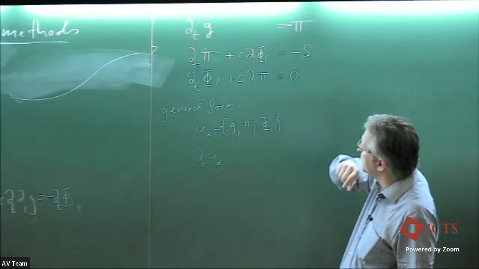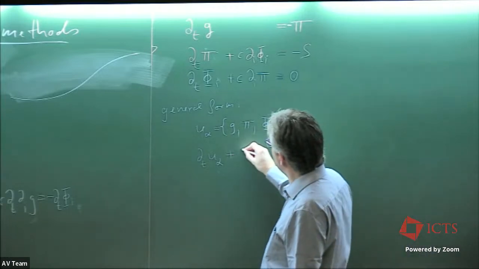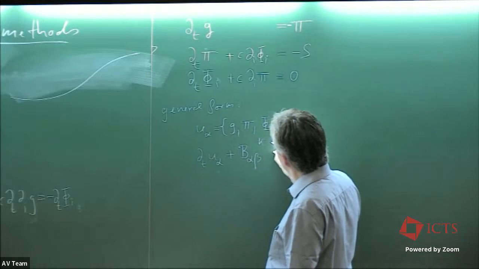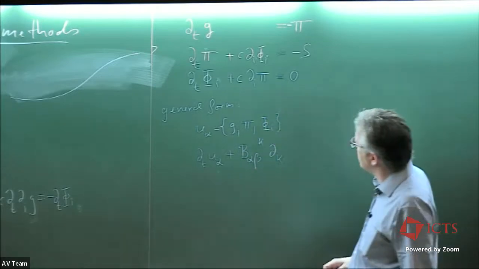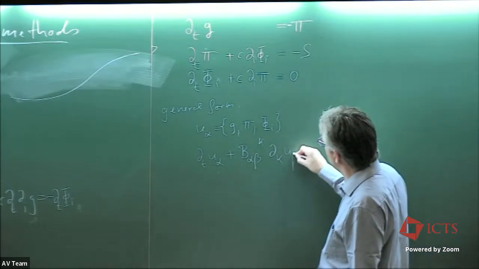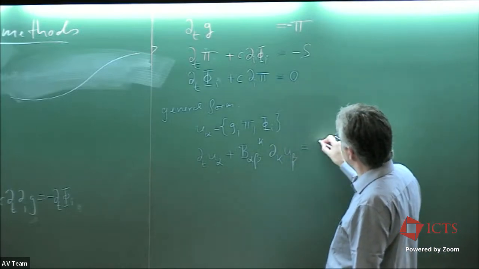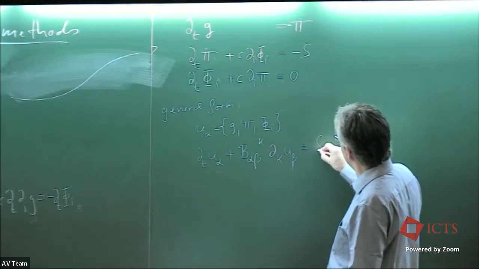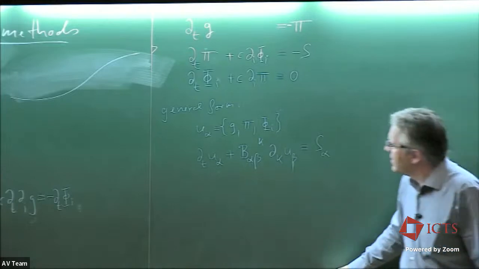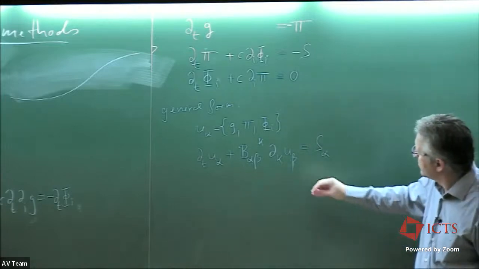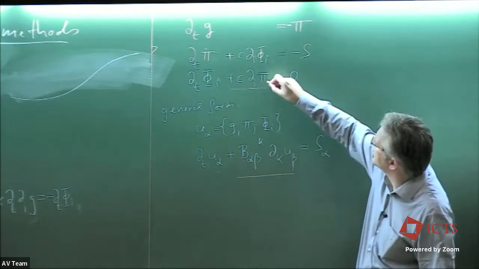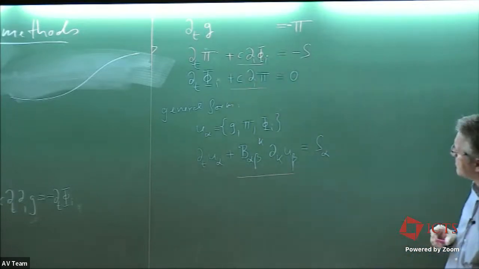Time derivative of u plus a bunch of matrices multiplying first derivatives of u equals some source. And so these derivative terms here are precisely capturing all the derivatives we have up here.